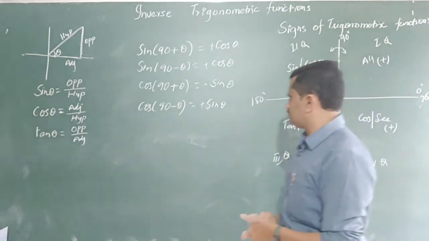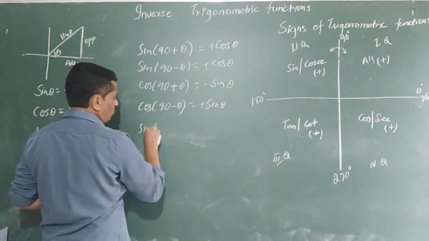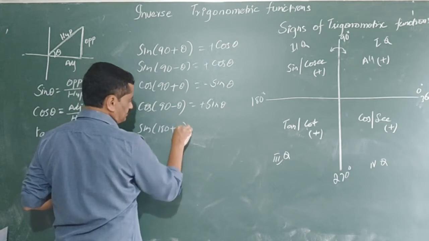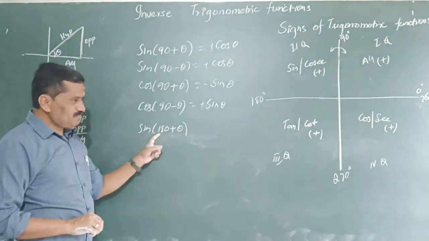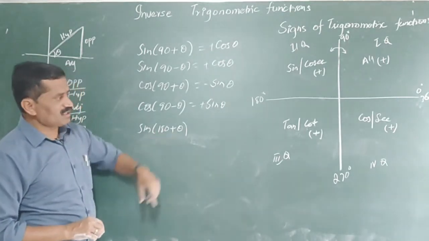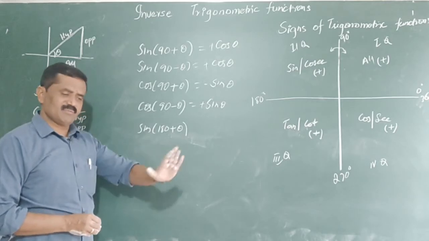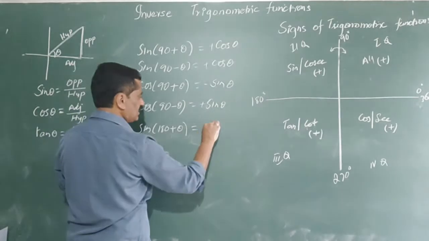Okay, next I'll go for sine of 180 plus theta. I already told you, for 180 plus or minus theta or 360 plus or minus theta, the ratio remains the same; the ratio doesn't change. Therefore that is equal to sin theta.